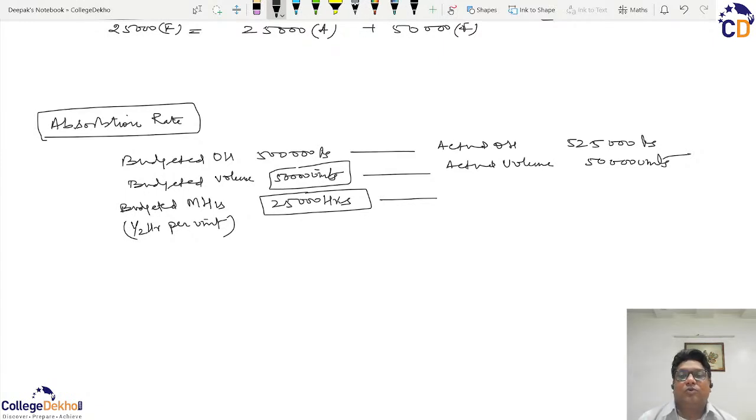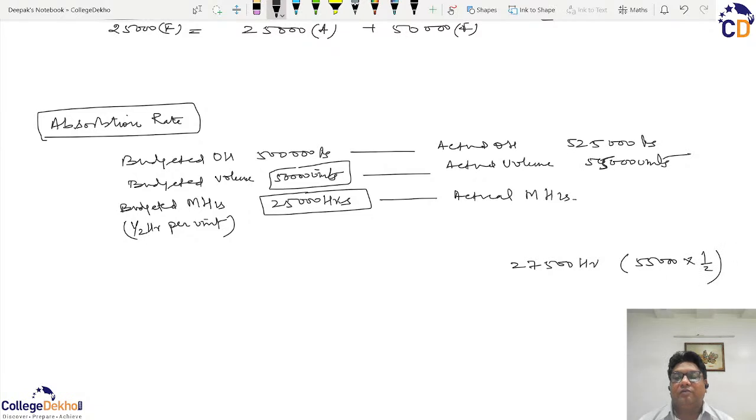But because the actual production has increased from 50,000 to 55,000 here, because of the increase in the output, the actual machine hours shall also increase. So ideally, because the machine is using half hour per unit, the machine hours should have been 27,500 hours. That is 55,000 into half hour. But it may not happen.